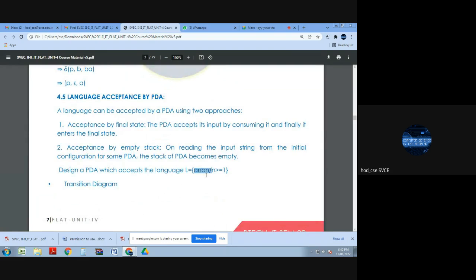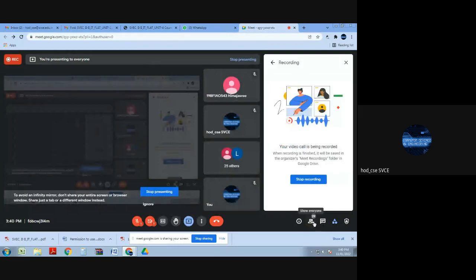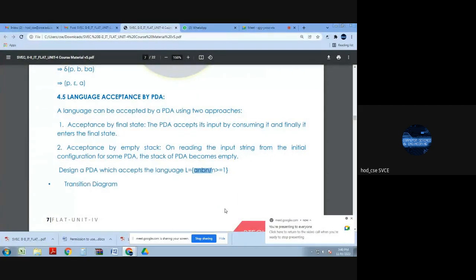The minimum string is AB, then AA BB, then AAA BBB, then four A's and four B's. Likewise, however many A's are present, that many B's should be present.